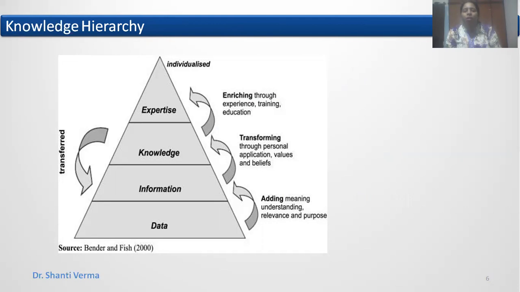If we follow a bottom-to-top approach, at the bottom there is data, and by adding meaning, understanding, relevance and purpose to the data, information is achieved. By transforming information through personal application, values and beliefs, knowledge is derived. And by enriching knowledge through experience, training and education, expertise knowledge is derived.